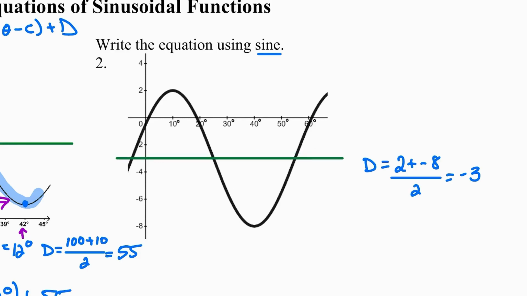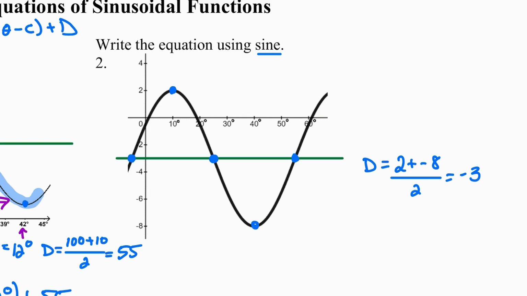So the point I'm looking for is going to either start here, which they don't tell us an x value or a degree value for, or here, which we can kind of guess what happens there, or here. So we can start at any one of those points. But we need to do some problem solving before we do that. It is safe to assume that here we start at 10. So at 10 degrees, our maximum value is at 2.